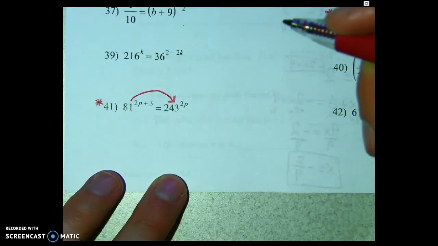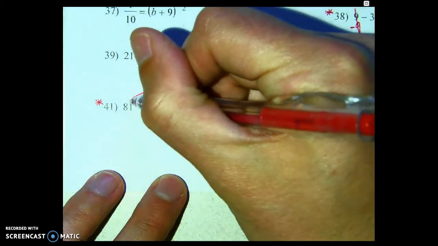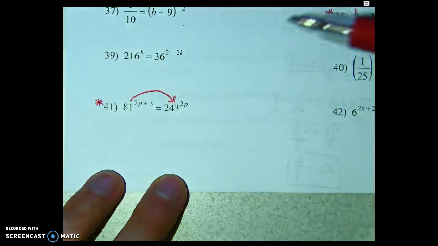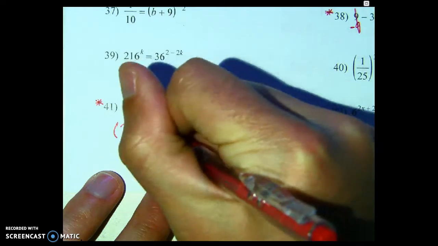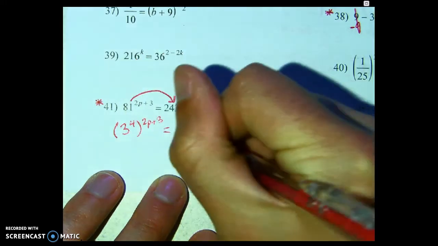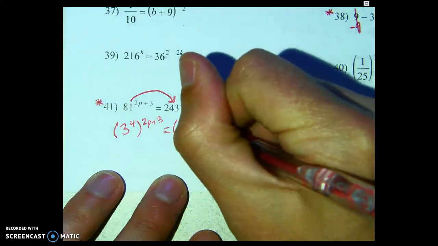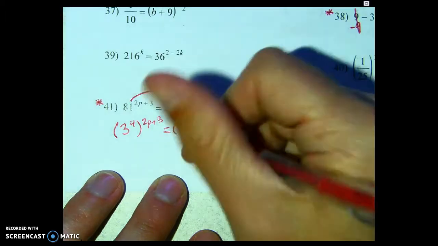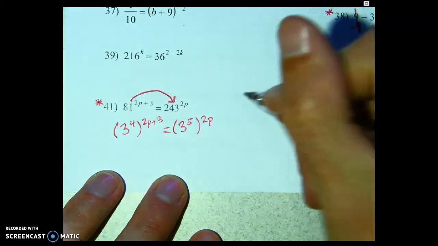So that should kind of tip you off that 81 is a power of 3 and 243 is a power of 3, because if I take 81 and multiply it by 3, I get 243 back. Okay, so 81 we're going to rewrite as 3 to the 4th, and that's raised to the 2p plus 3 power, and that's going to be equal to, turns out 243 is 3 to the 5th, right? It's one more power of 3 than 81 was, and then that's raised to the power of 2p.